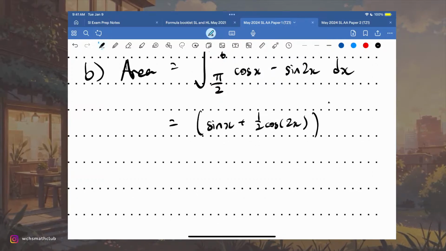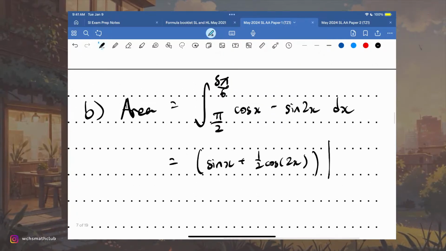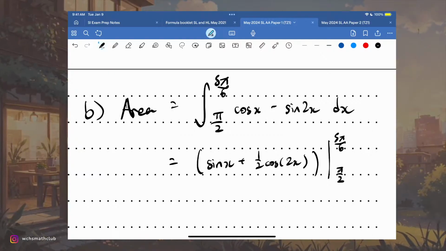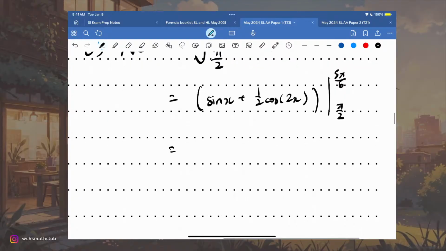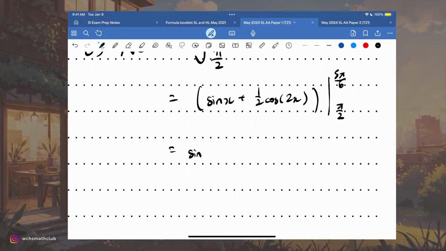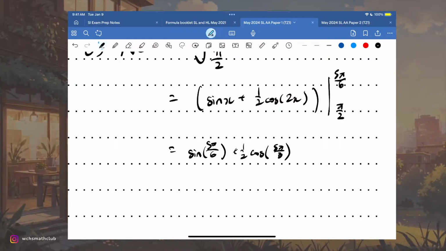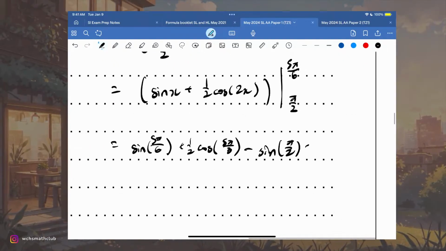And then you want to evaluate this on the bounds 5 pi over 6 and pi over 2. So you would solve this. It would be sine 5 pi over 6 plus 1 over 2 cosine 5 pi over 3, and then you would subtract sine pi over 2, and then add back 1 over 2 cosine pi over 2.